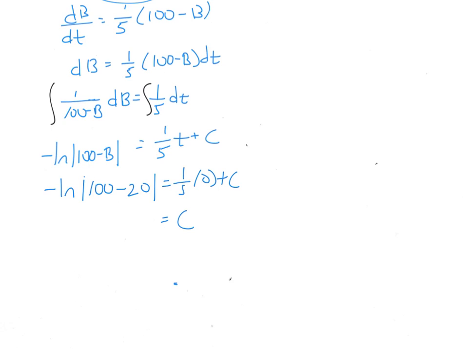On the right side we've got just C. Here we've got negative ln of 80. And we don't need the absolute value because 80 is positive. So we'll substitute that back. So we've got negative ln of 100 minus B equals 1/5 t minus ln of 80.